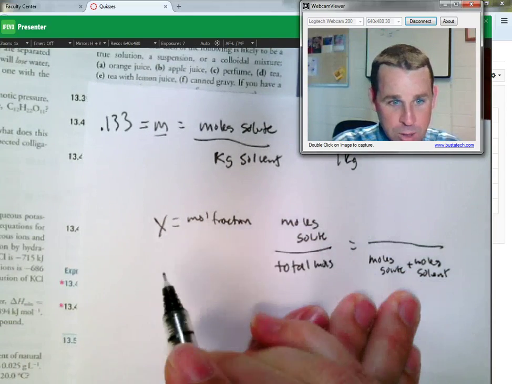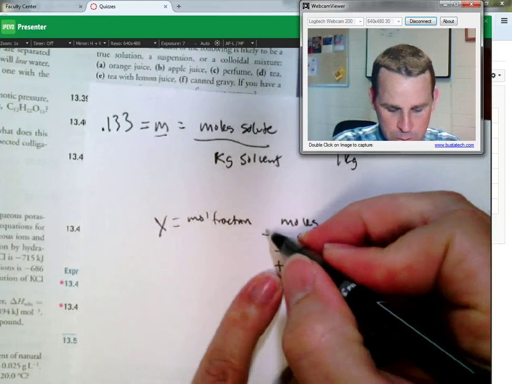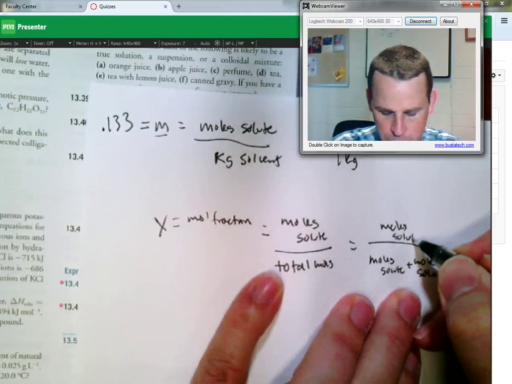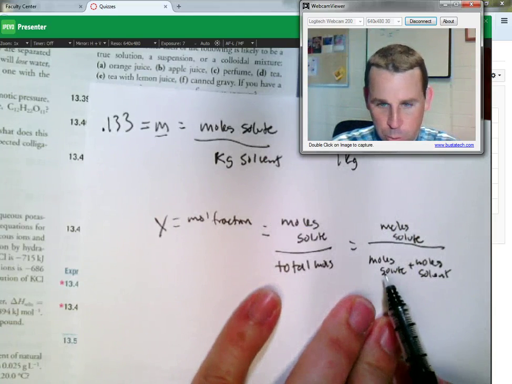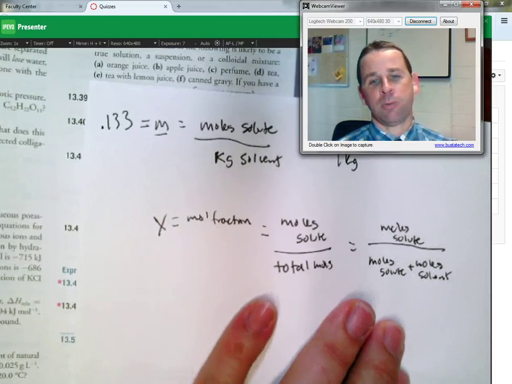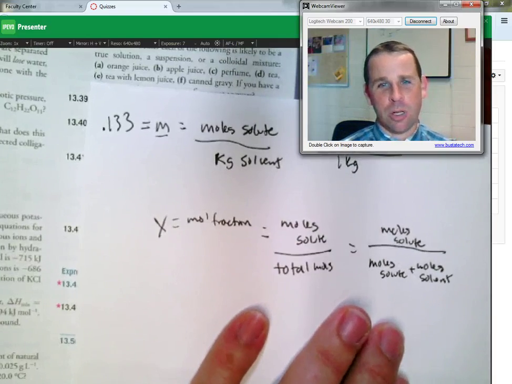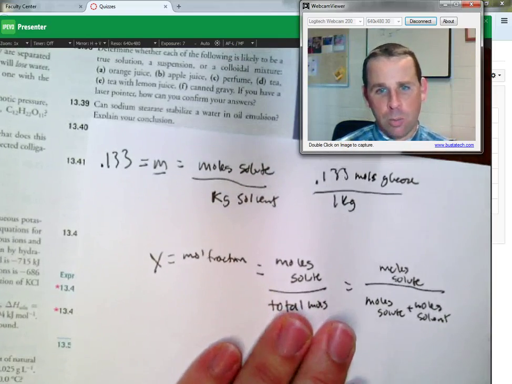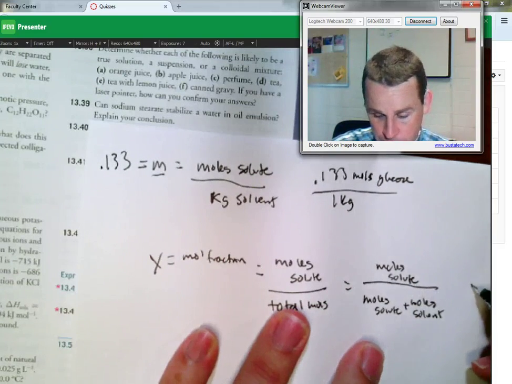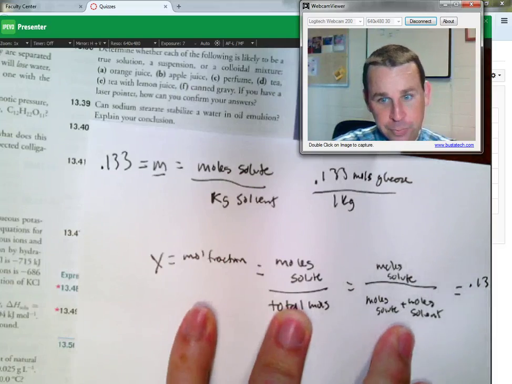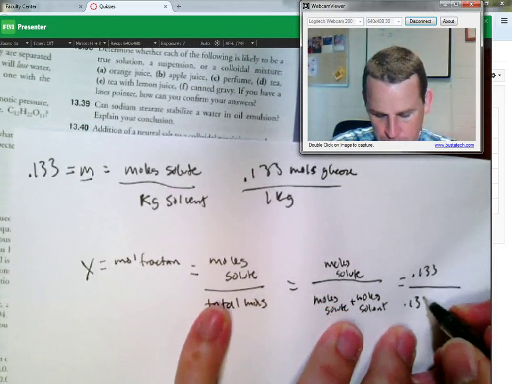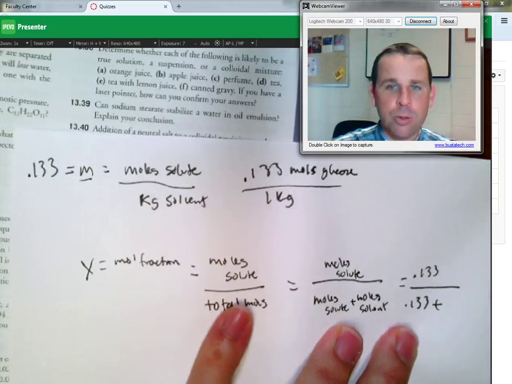So mole fraction is moles of solute over moles of solute plus moles of solvent. Okay? So all we have to do here is identify how many moles of solute and how many moles of solvent. We already know from above that we have 0.133 moles of solute, so that's 0.133 divided by 0.133, that's moles of solute, plus moles of solvent.